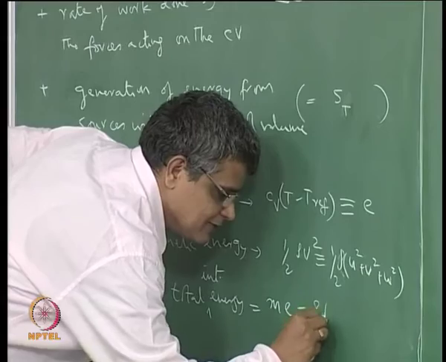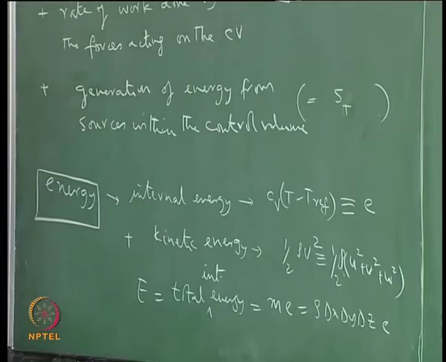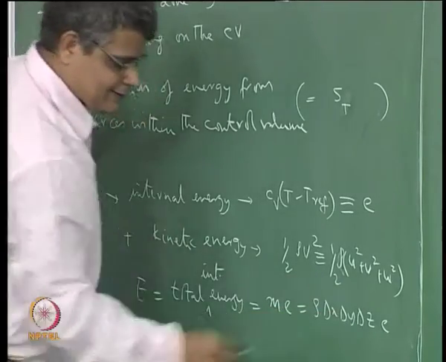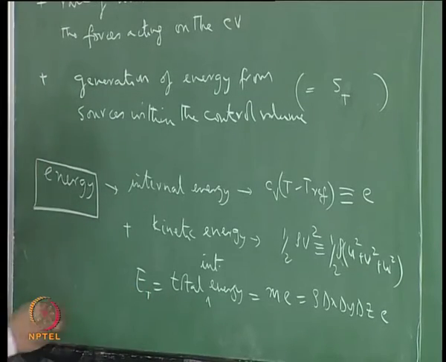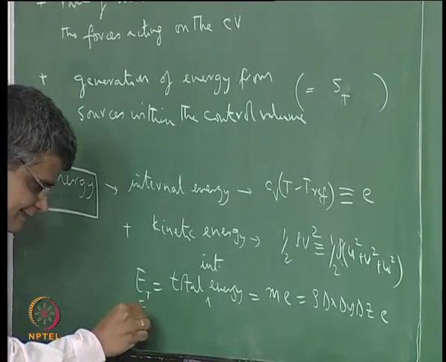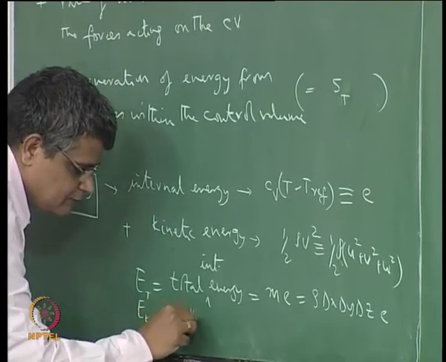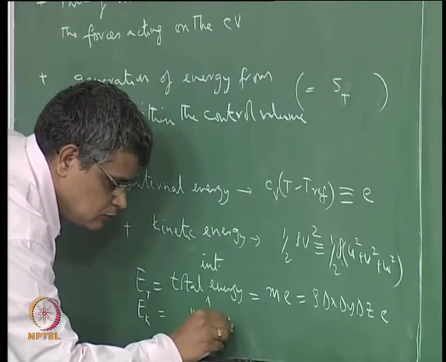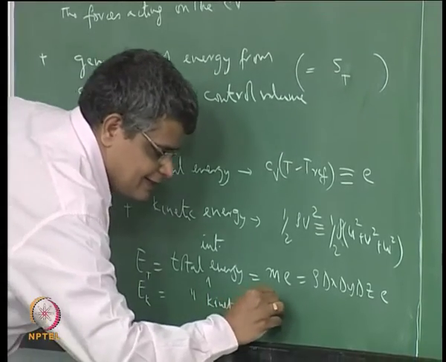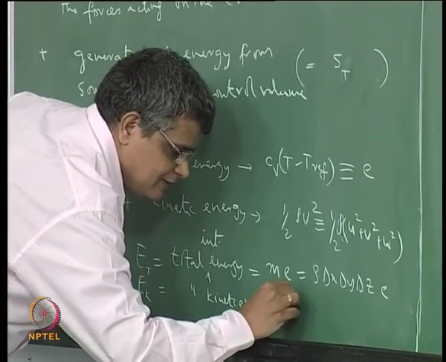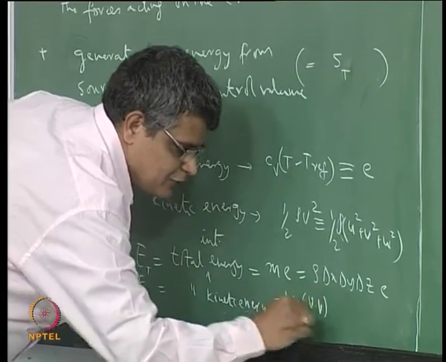So that is rho times delta x, delta y, delta z times e. So this gives us the total internal energy, and similarly the total kinetic energy is half m v square, that is half m v dotted with v.